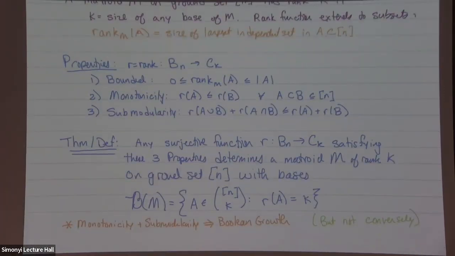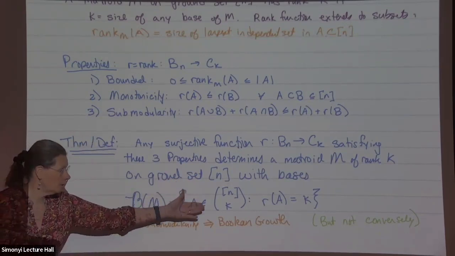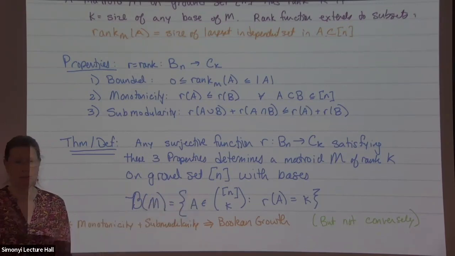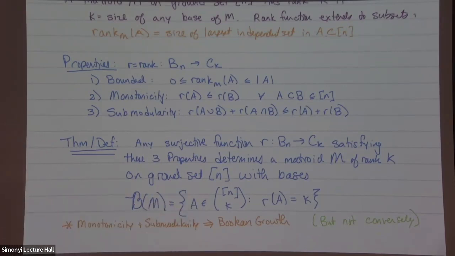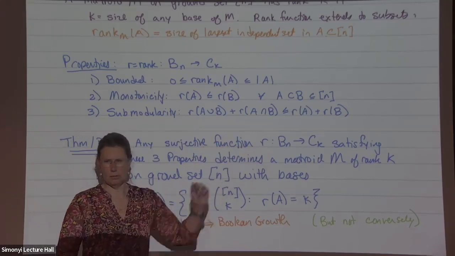Well, that's very easy. The bases of a matroid given by such a rank function would just be the subsets, where this notation n choose k means the subsets of size k of the numbers from 1 to n, with rank exactly equal to k. And how do I know I have some? Maybe there are none. Well, I know that because the function is required to be surjective.